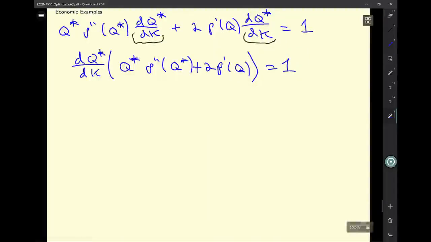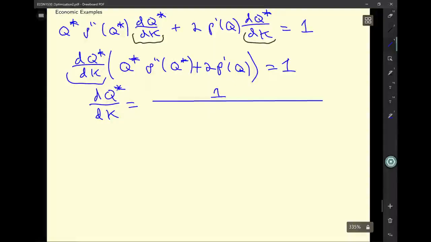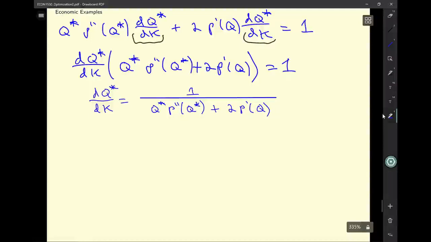And we can easily solve for the expression of interest. We've got the change in the equilibrium quantity with respect to average cost is equal to 1 over Q star P double prime Q star plus 2 P prime Q. And I just forgot some stars on my Q's, which I'll add there.